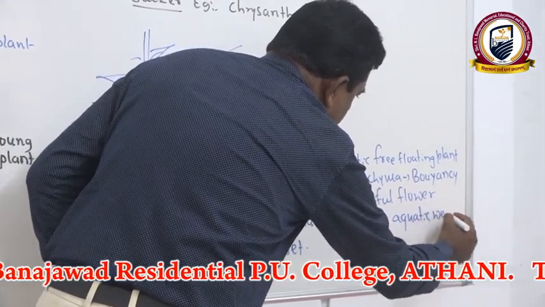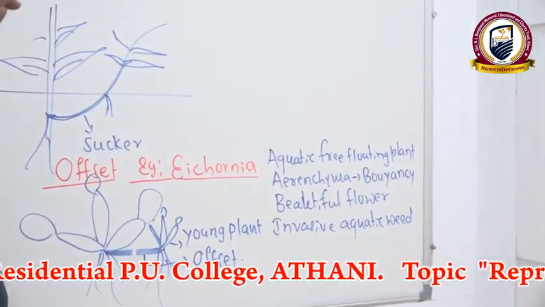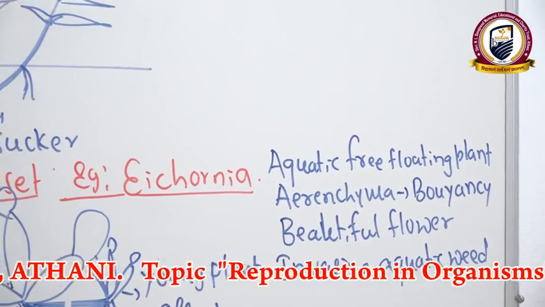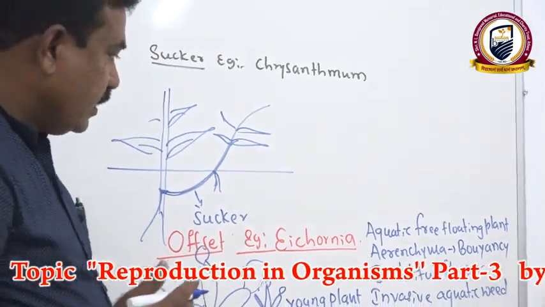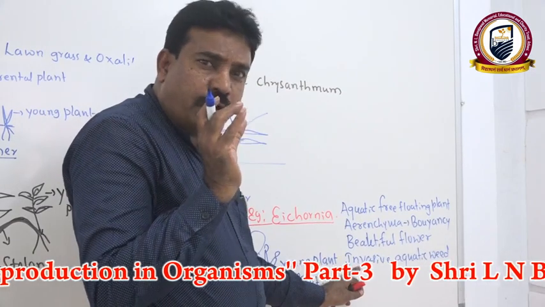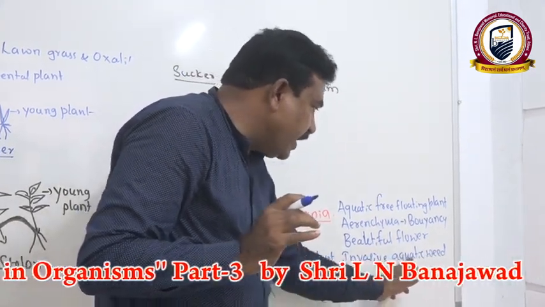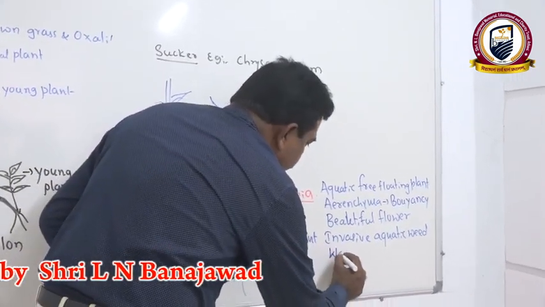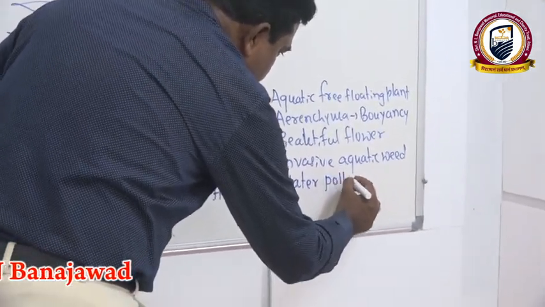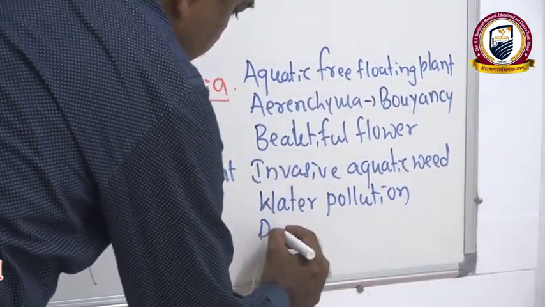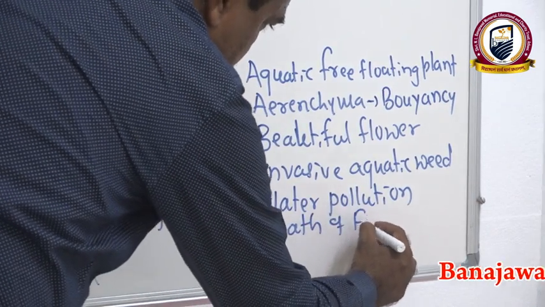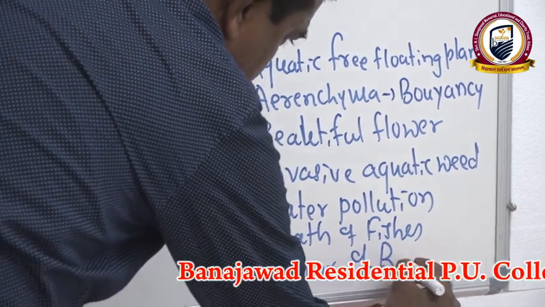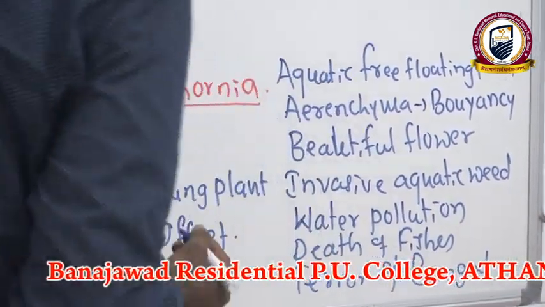As we know, the strongest weed in the terrestrial ecosystem is Parthenium, which we call carrot grass or Congress grass. Like that, in the aquatic system, a very strong invasive aquatic weed is Eichhornia. At the same time, it causes major water pollution that may even lead to death of fishes. Hence, its nickname is Terror of Bengal. Eichhornia we call Terror of Bengal.